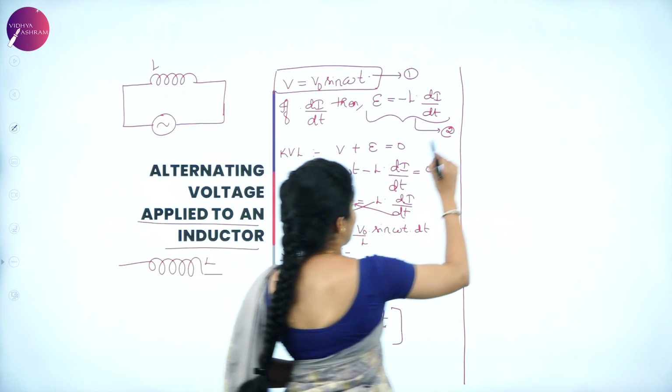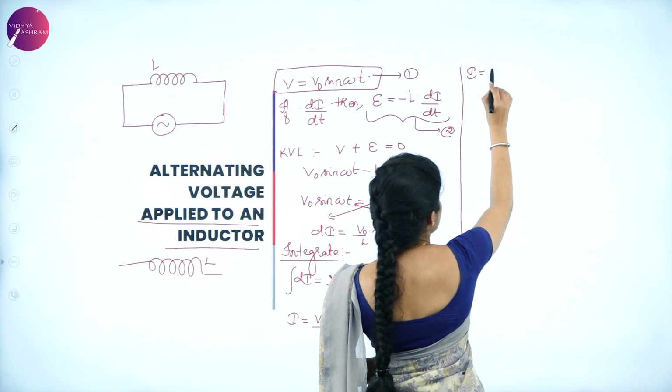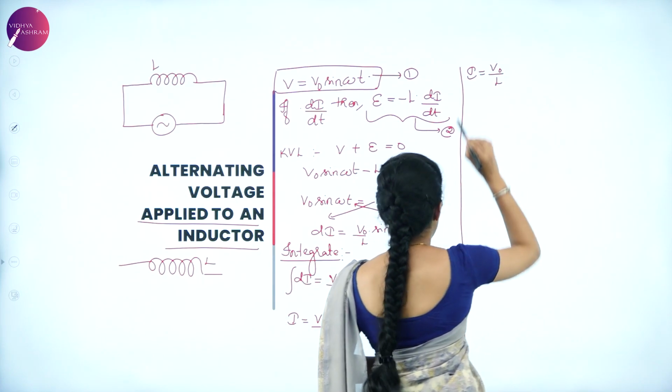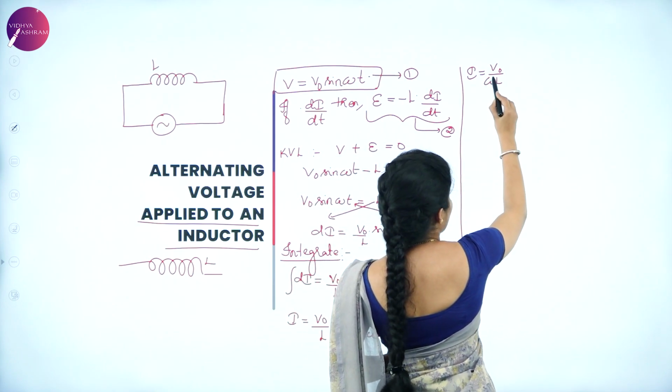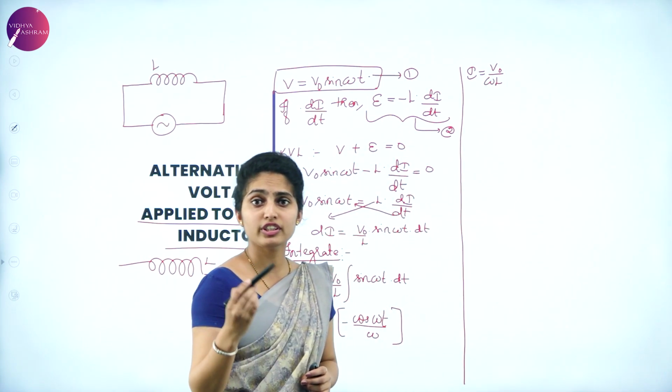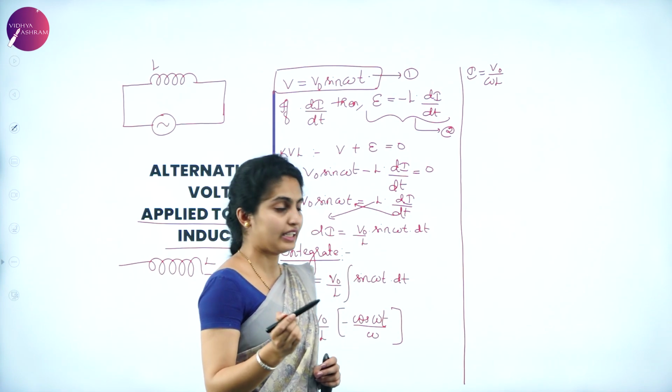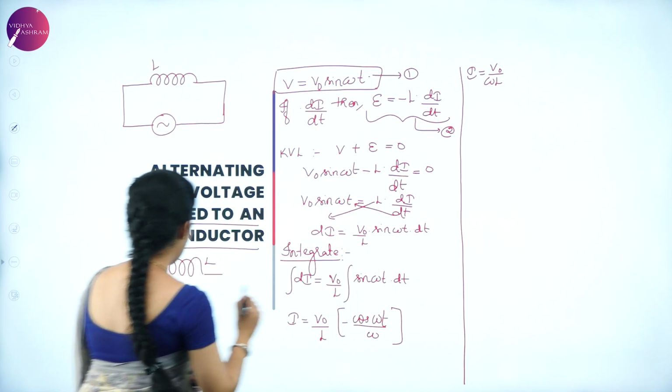Now I take this omega with the L: I is equal to V0 divided by omega L, times minus cos omega t.